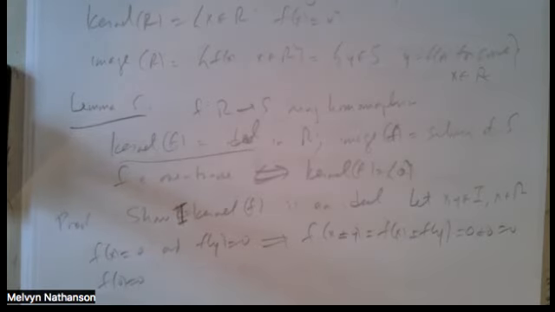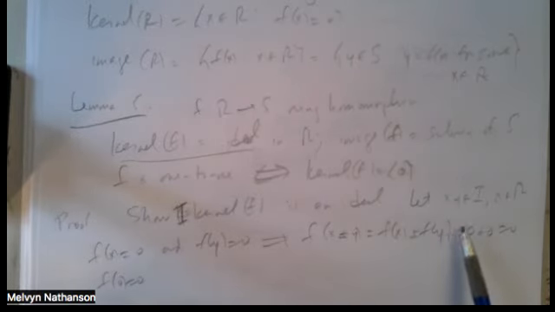F of 0 certainly equals 0 because a ring homomorphism is a group homomorphism, and a group homomorphism always sends the identity to itself. The additive identity is 0. So the kernel of F is an additive subgroup, but why is it an ideal?